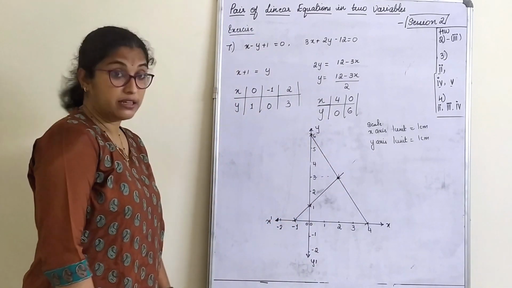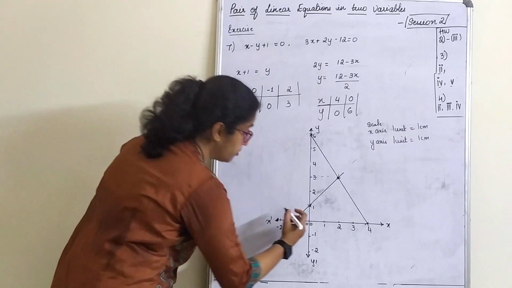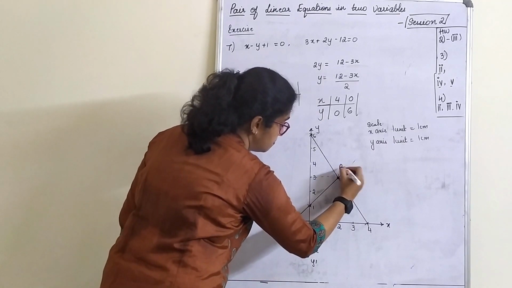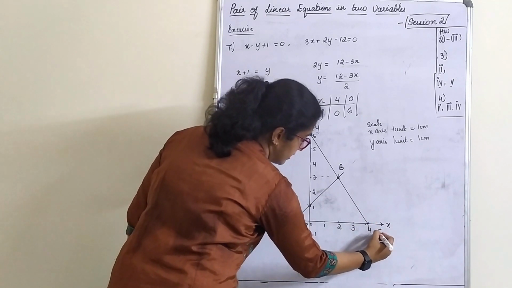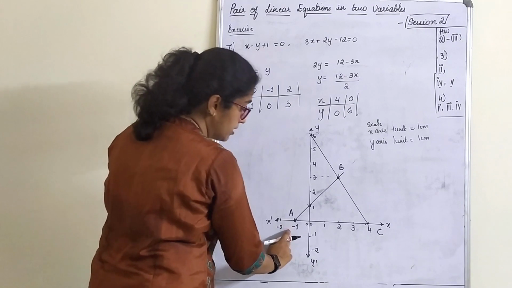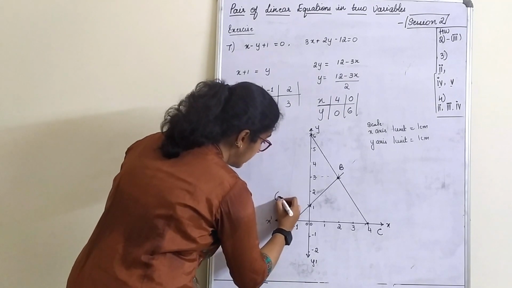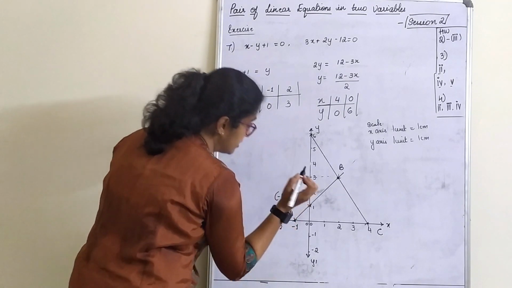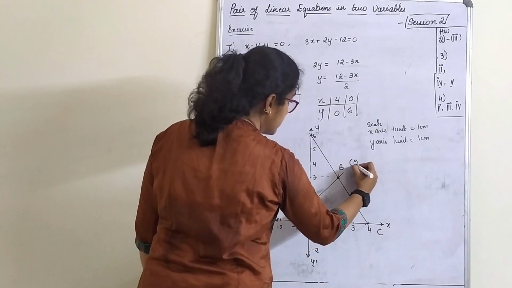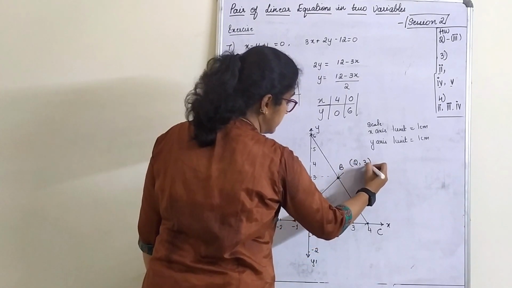Now, is a triangle formed here? Yes. Name that triangle as A, this coordinate as B, and this coordinate as C. Mark the coordinates of A, B and C. What is the coordinate of A here? x is minus 1, y is 0. What is the coordinate of B here? x is 2 and y is 3.